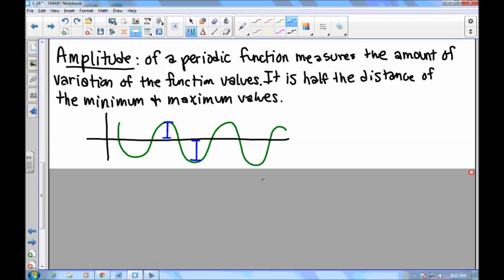But sometimes it's not oscillating around the x-axis. So a way to find the amplitude is take your maximum value to the minimum value and find that span and divide it by 2. Cut it in half. So you would take the maximum minus the minimum and then divide by 2. It's actually like finding the average in the middle.